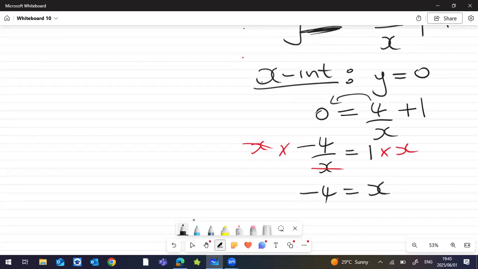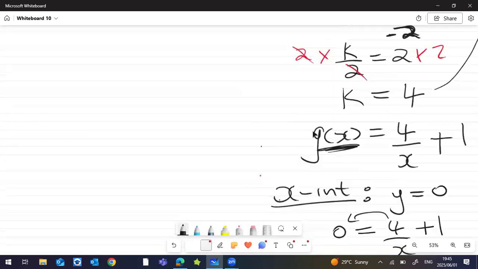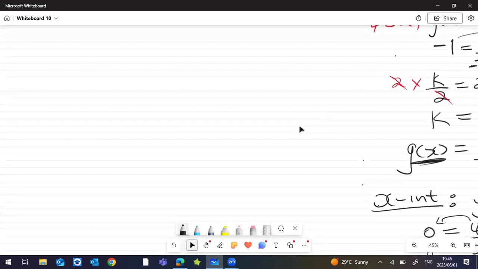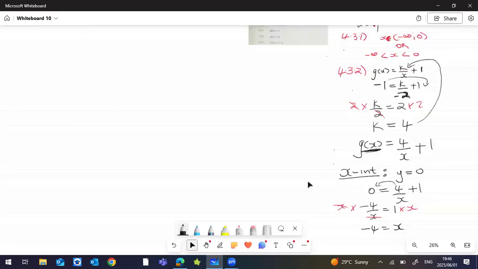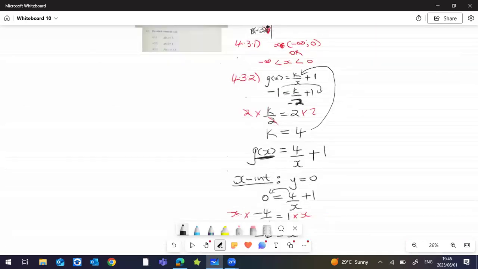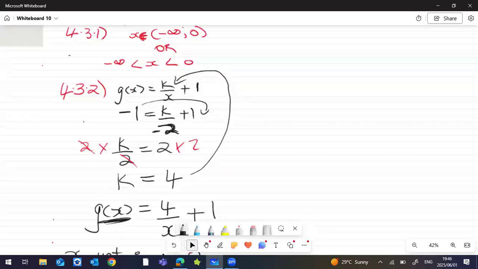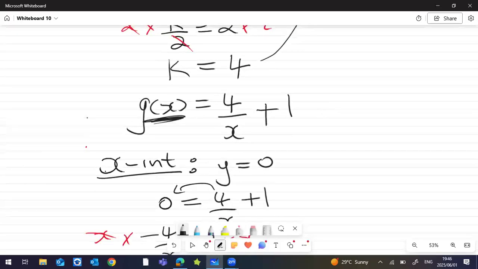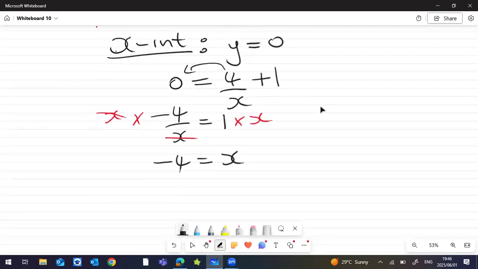So what was the question? Let's go back to our question. Remember, you were supposed to find the value of x when g of x is equal to 0. Now, when g of x is equal to 0, what is our x value? Going back to our question, one can clearly see now that when g of x is 0, x equals -4.